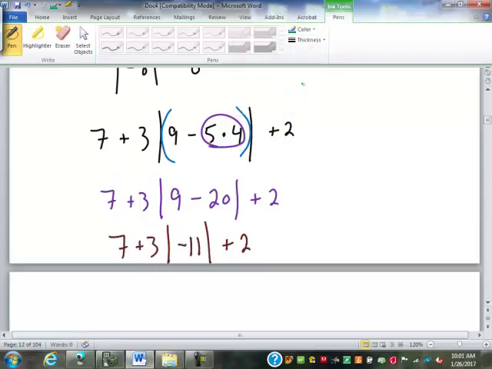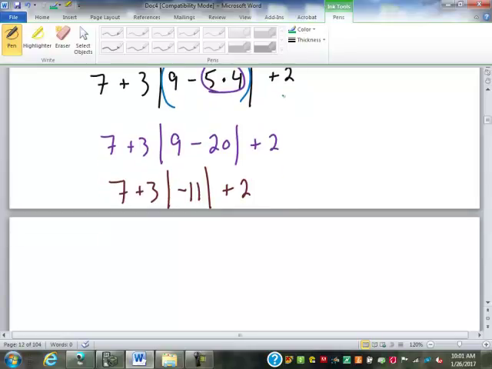So we have what's inside that enclosing symbol down to a single number. So we can take out the enclosing symbol, just like with parentheses. The difference is with parentheses, we just take it out. With an absolute value, to remove the absolute value symbol, we actually have to do something. We have to compute the absolute value. What is the absolute value of negative 11? It's 11.